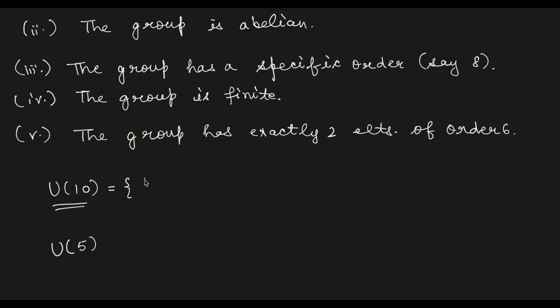So 1, 3, 7 and 9. Yes. And U5? That is 1, 2, 3, 4. So clearly both have the same order.